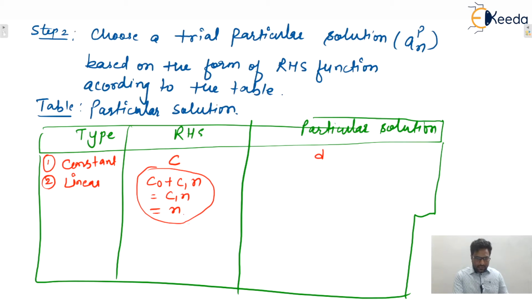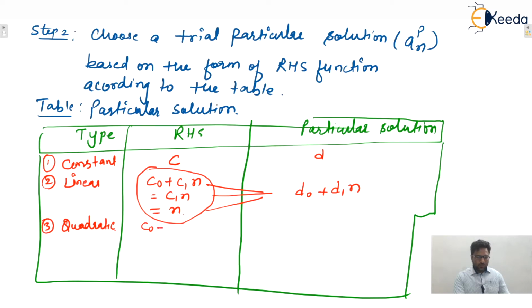So for all these three, the particular solution will be d naught plus d1 n. D naught and d1 are constants. Third one is quadratic.